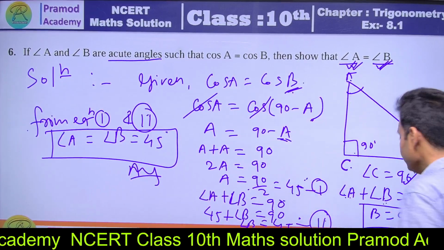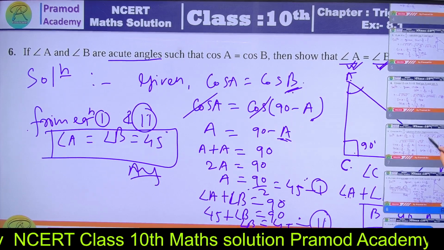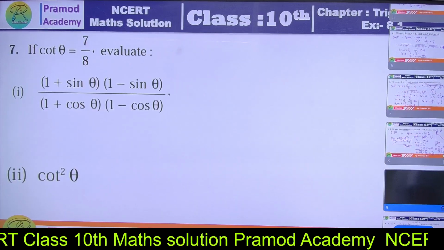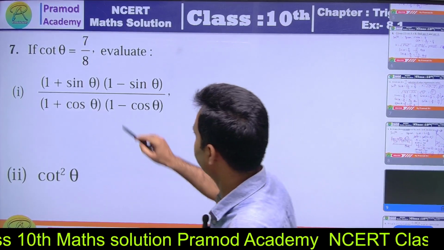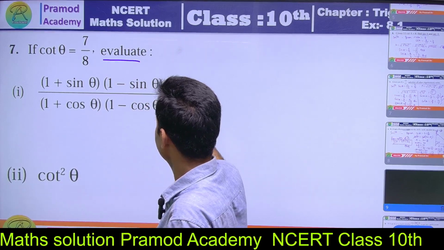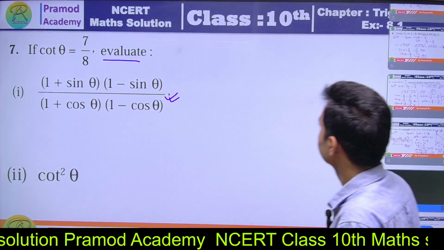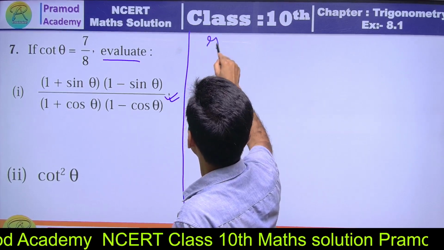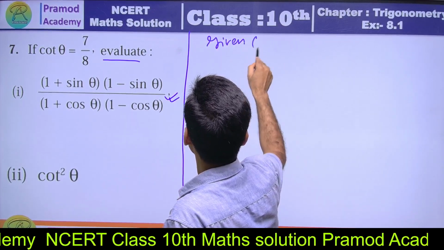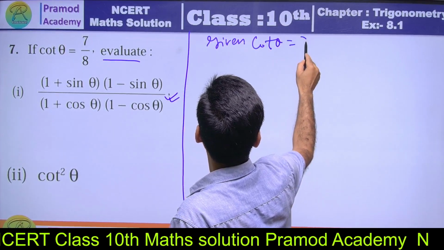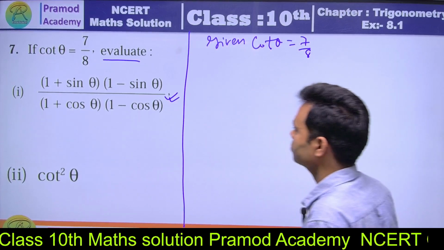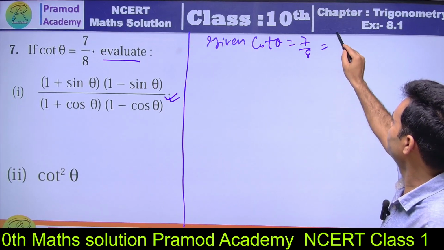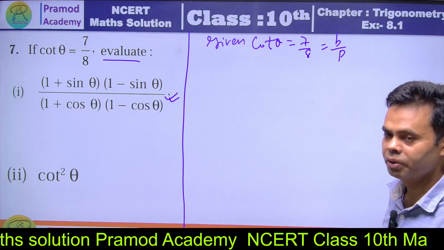Now next question, question number 7. If cot theta equal to 7 by 8, then evaluate the following value. So given: cot theta equal to 7 by 8. Cot theta equal to B by P, as we know the formula.